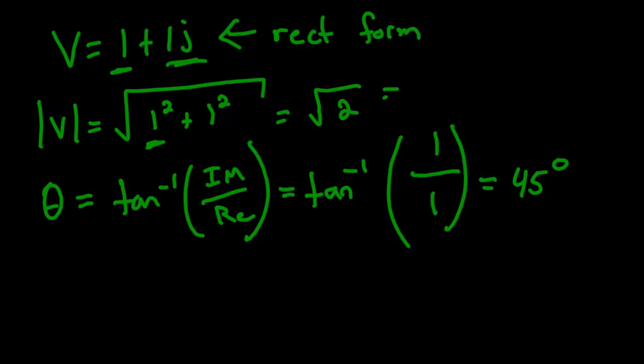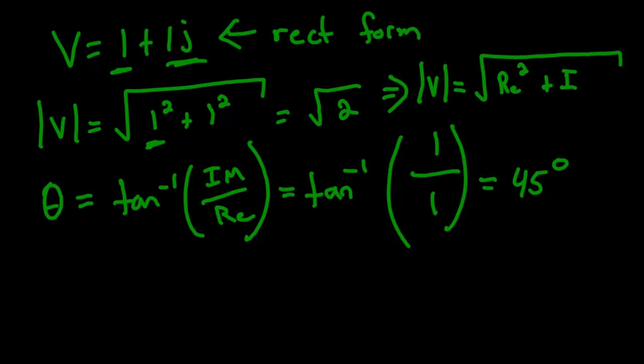A generic way of writing it will look like this: the magnitude is equal to the square root of the real squared plus the imaginary squared. And that's your magnitude. And your theta, or your angle, is equal to the inverse tangent.